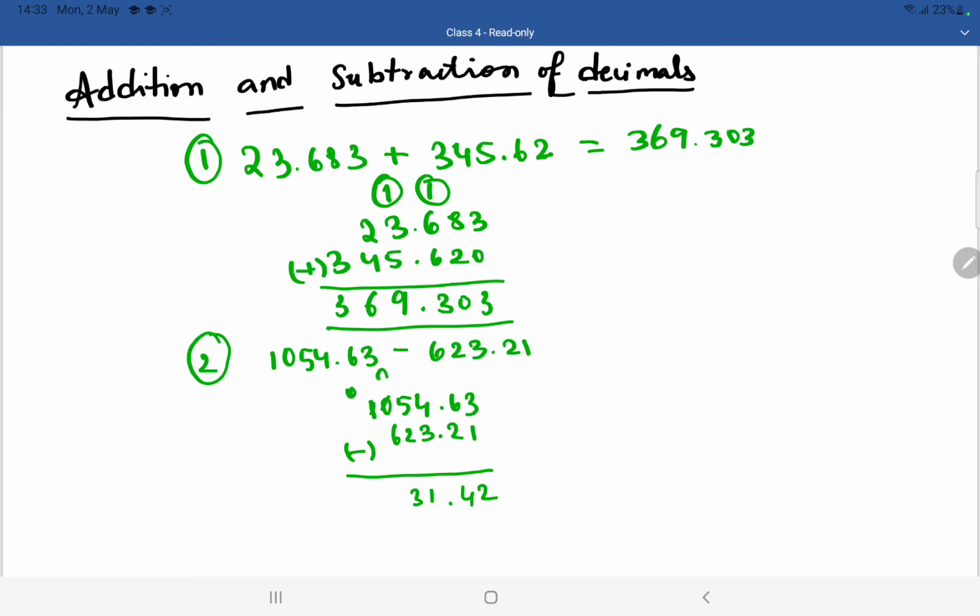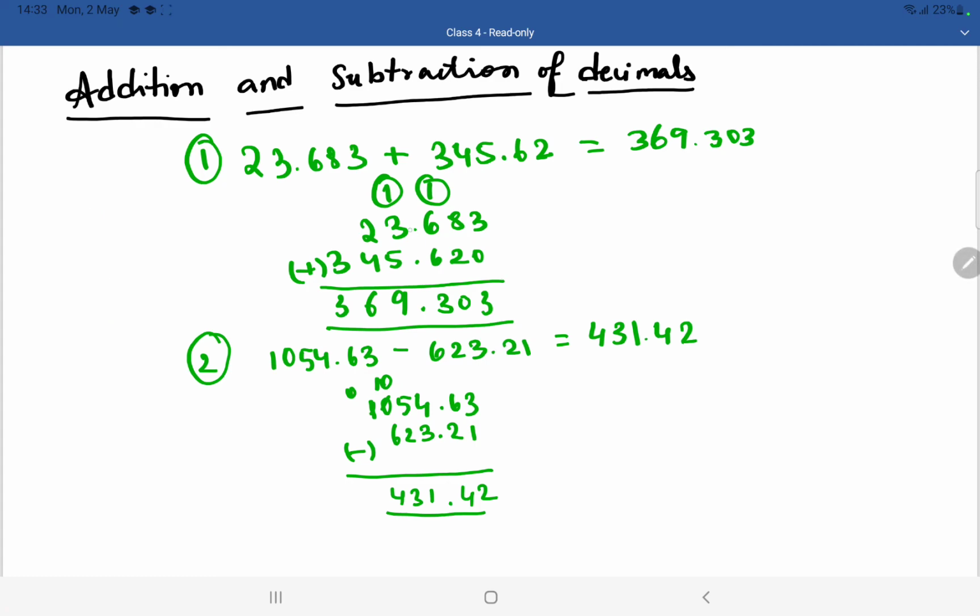You will just do it like this. So 1054.63 minus 623.21 is equal to 431.42.